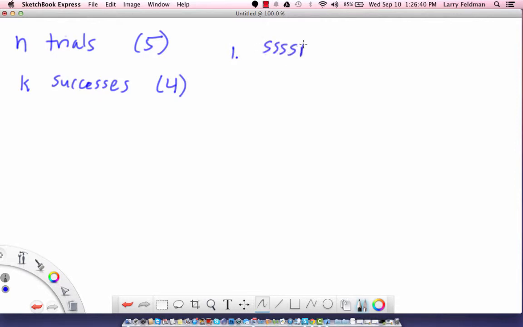And so let's go look at this for a second. Even though I said I wanted to generalize this, I just want to take a step back. If little p is the probability of success, this case has a probability of p to the 4th times 1 minus p, right? 1 minus p is the probability of failure, raised to the 1st power. So using n and k, we have p to the k, because there were 4 successes, times 1 minus p.